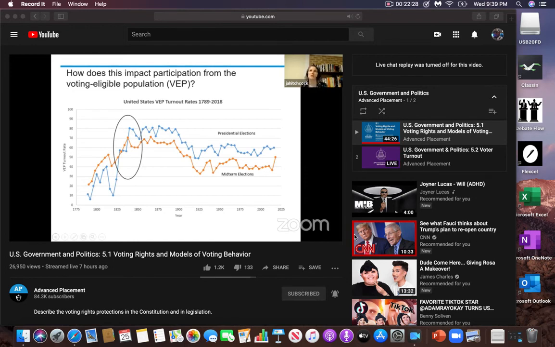Andrew Jackson loved to bring in the average man, the mountain man, the average citizen. We're expanding suffrage, removing all of those requirements for property holding. And what we see, and this is logical, is a corresponding rise in the voting eligible population turnout rates around 1825 to 1850.